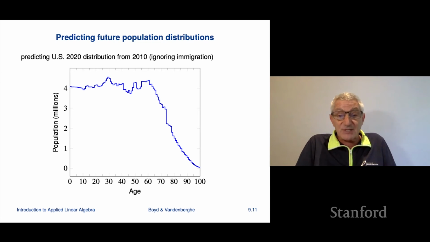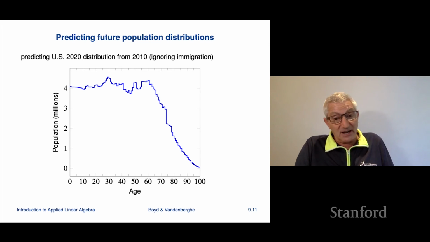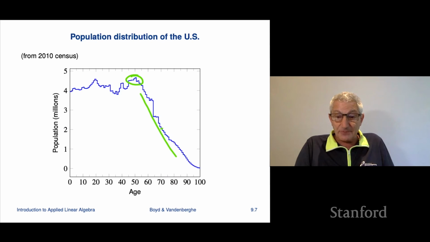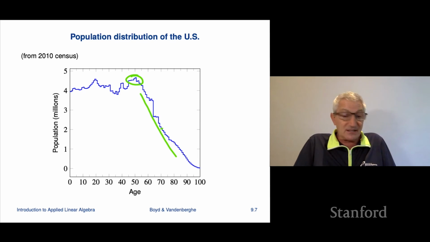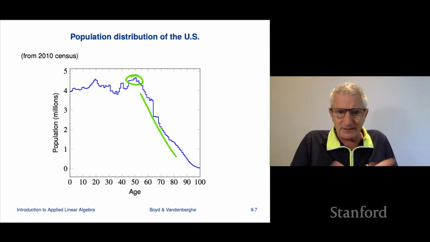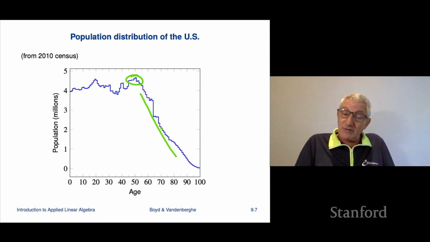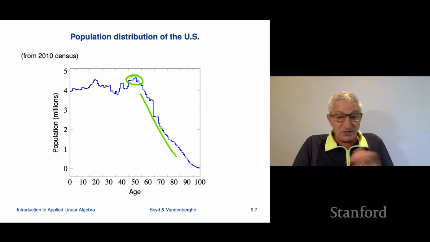Okay, so now we can actually do a simulation. Let me explain how I got it. We started with this, the population distribution of the U.S. in the 2010 census, and we'll just assume that it's correct. We take that and multiply it by this matrix A, which is our dynamics matrix.